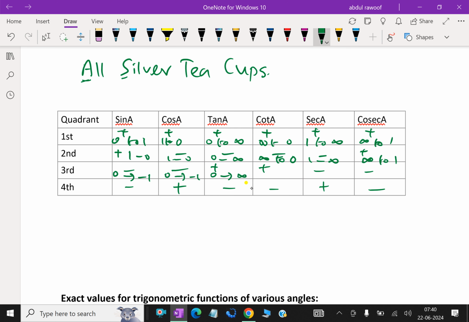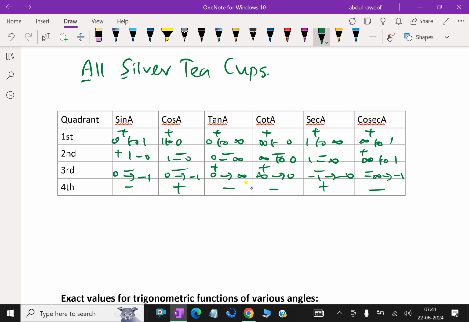Zero to infinity, infinity to 0, minus 1 to minus infinity, and minus infinity to minus 1.